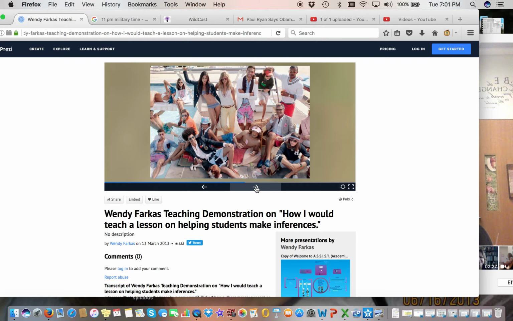And so when I tell my students that the older man is Tommy Hilfiger, then they go, oh, it's a clothing ad. And then I'm like, okay, so what's the purpose? What can you infer the purpose of this ad is? And they're like, well, if you wear Tommy Hilfiger clothes, you're going to have a lot of fun in the sun and you're going to look cool and be cool.